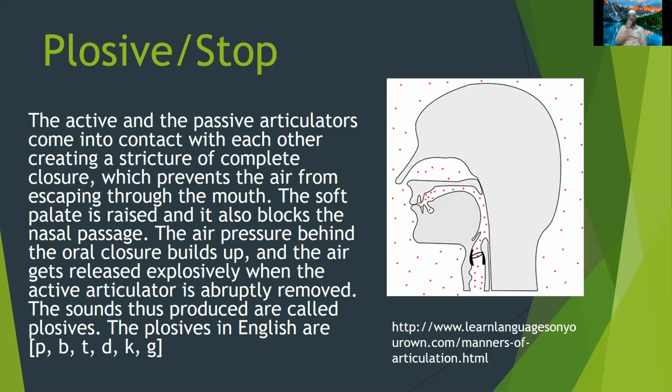So there is complete oral closure and there is sudden release of the air. You can even find in this picture diagram here how the sound is produced. P, B, T, D, K, G.